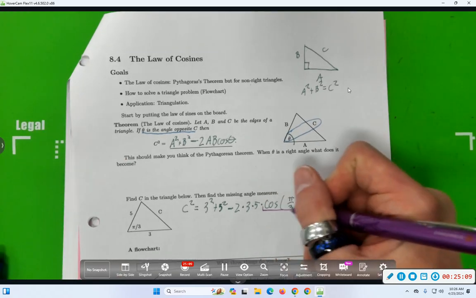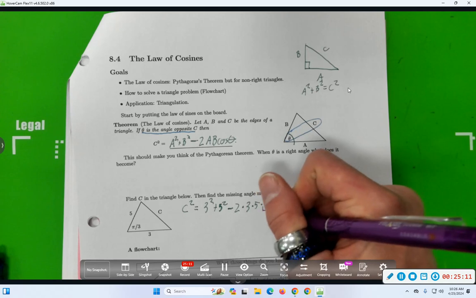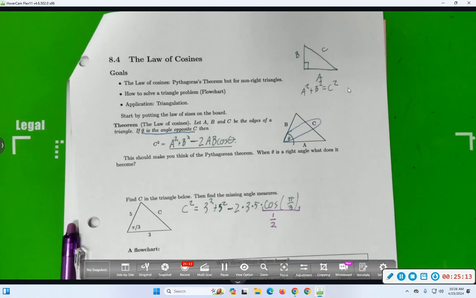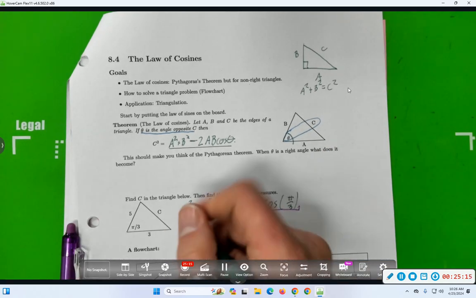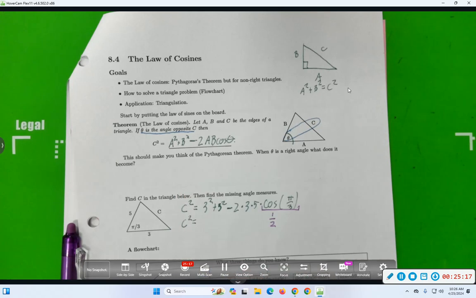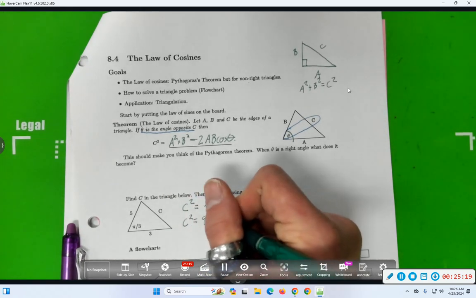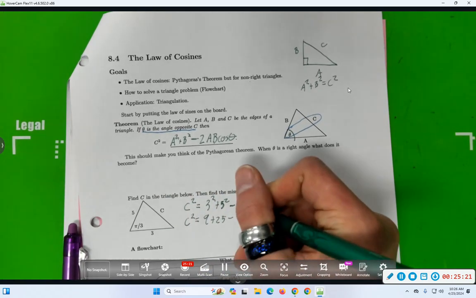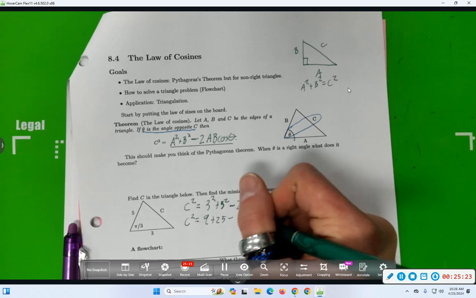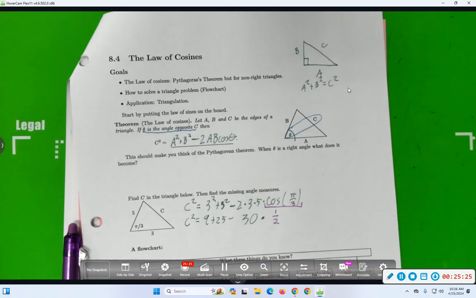So I can replace that cosine of pi over 3 with 1/2. And you just keep plugging away and you get a value for that. What value do you get for that?